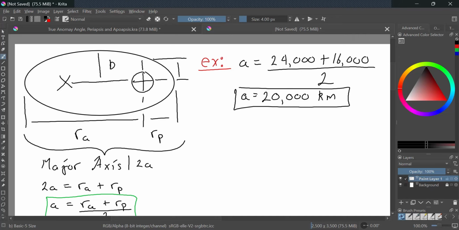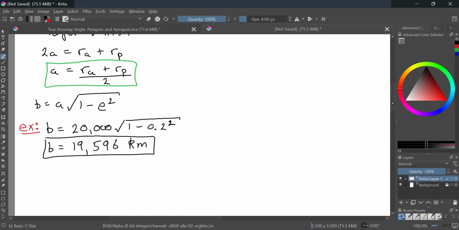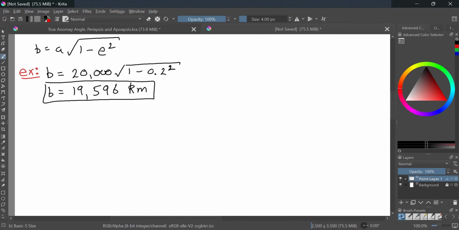That is going to be something called the semi-latus rectum. I have to look at my notes. I'm going to denote that as P, and what that looks like down here is a times (1 minus e squared).